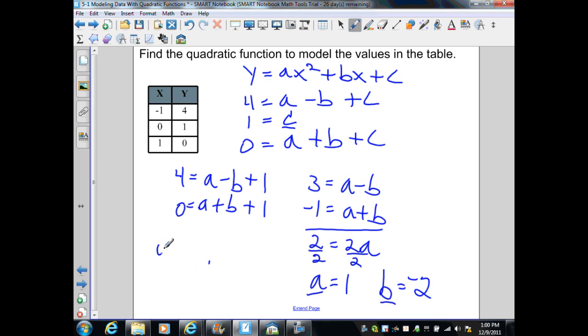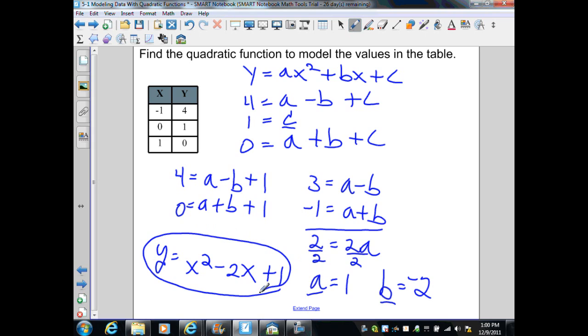So here y equals a is 1, so therefore that's 1x squared, which is just x squared. b is a negative 2, so I substitute in minus 2x. And c, I know, is 1. So the quadratic function that represents this set of ordered pairs is y equals x squared minus 2x plus 1.